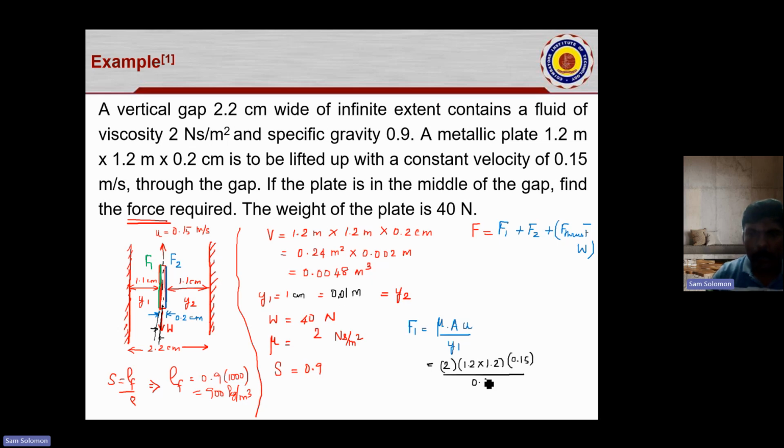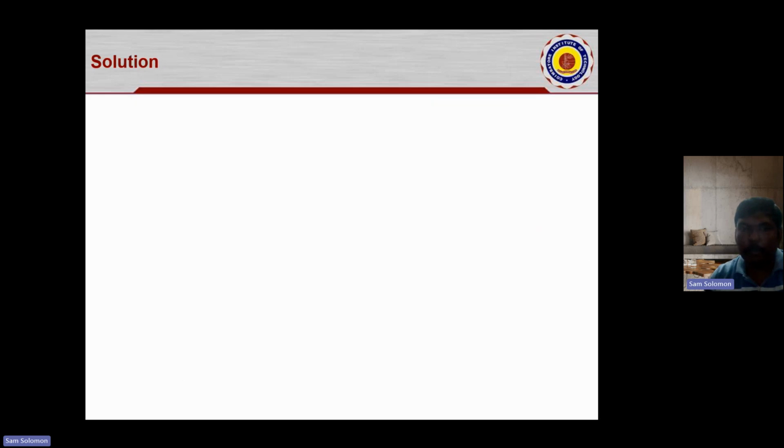So if we use the calculator here, we would get 43.2 newtons. And the same holds good for F2 also, because the gap is the same. So F1 is going to be 43.2 and F2 is going to be equal to 43.2.